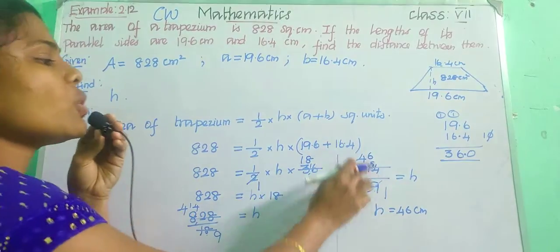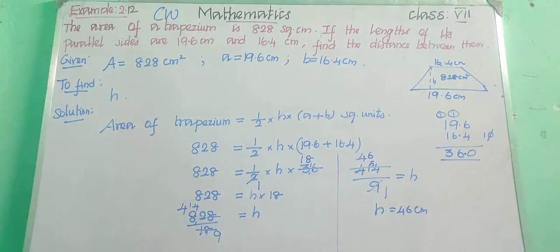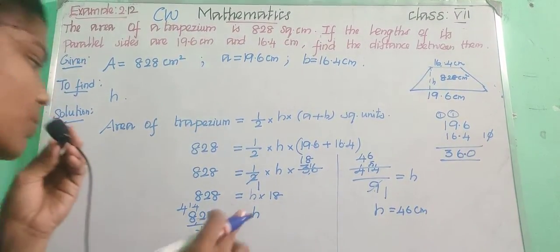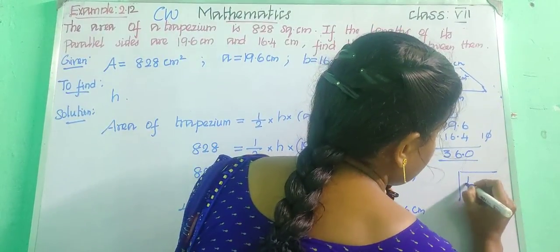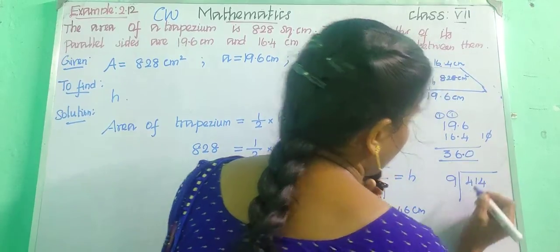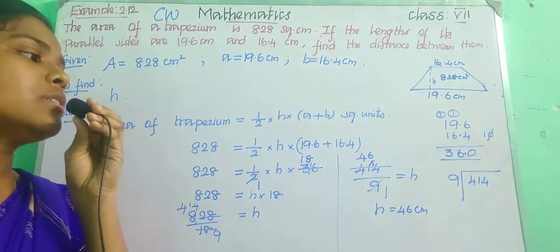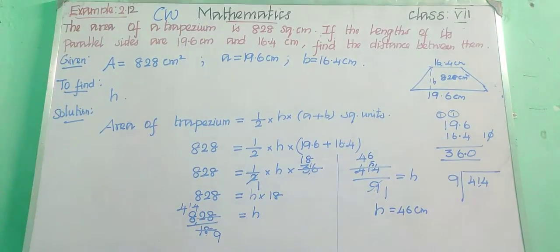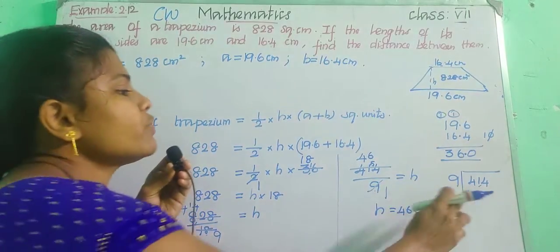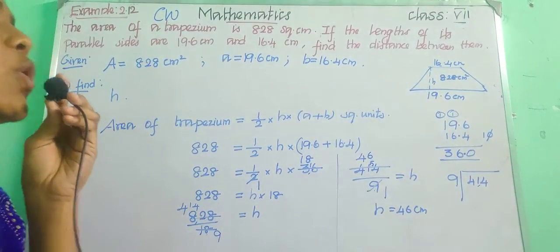If you don't know to cut this, you can also divide. You know normal division, right? See, simply 414 divided by 9. Say 9 table, so let us take 41. 1 9 is 9, 2 9s are 18, 3 9s are 27, 4 9s are 36, 5 9s are 45. 5 9s are 45 means it will be greater than 41, so let us take 4 9s are 36.